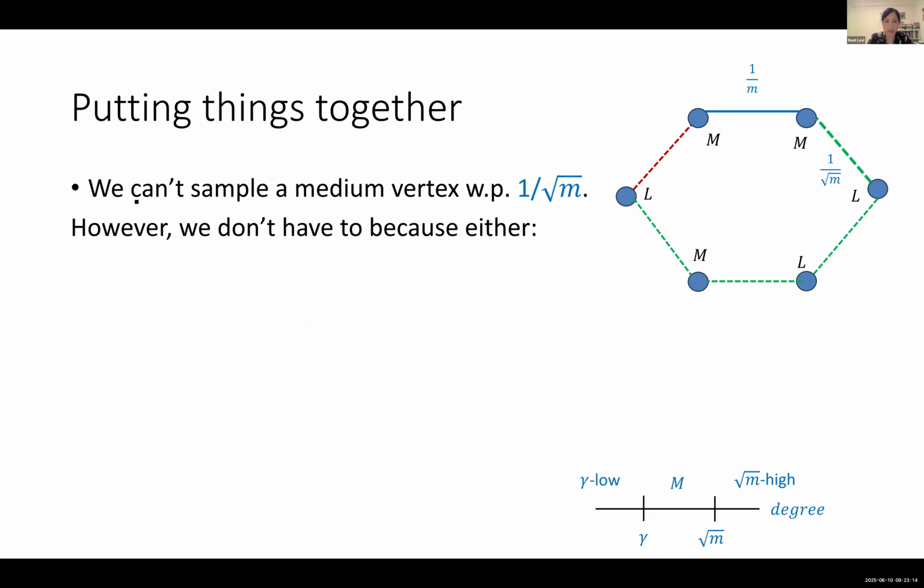So let's put everything together. First note that we can't sample a medium vertex with probability 1 over square root of m, which was the case for high degree vertices.